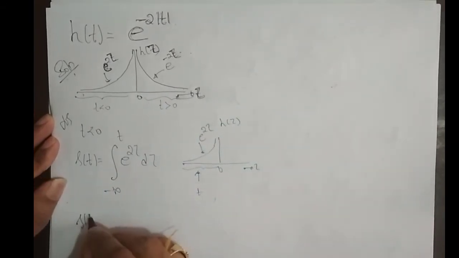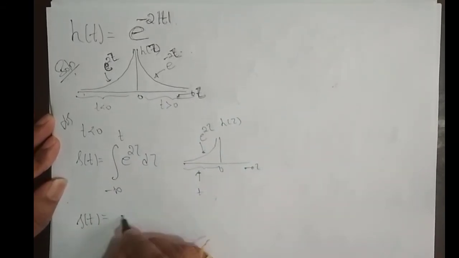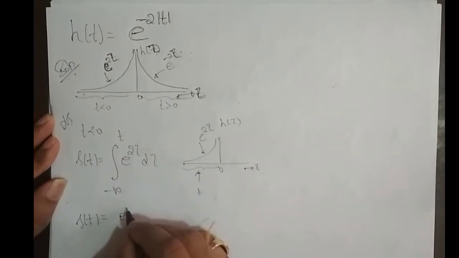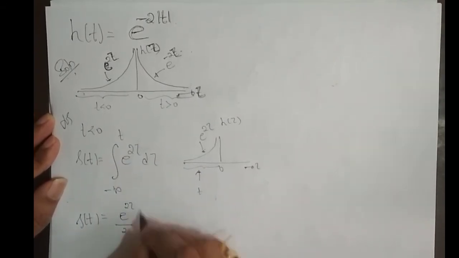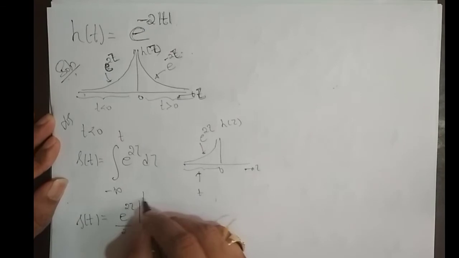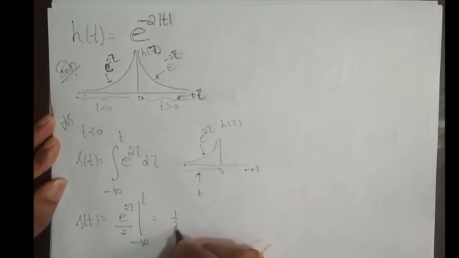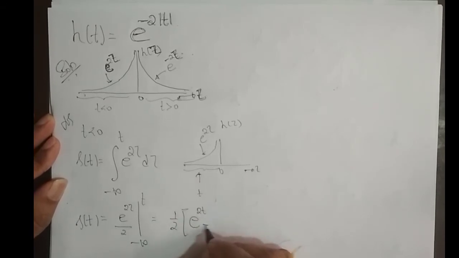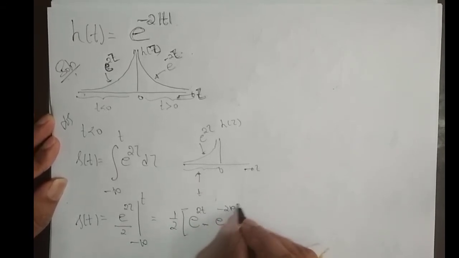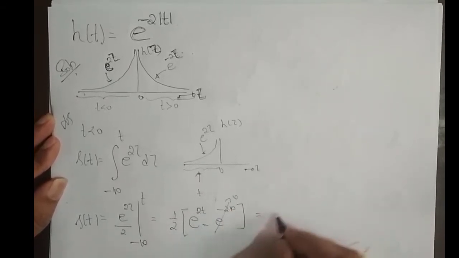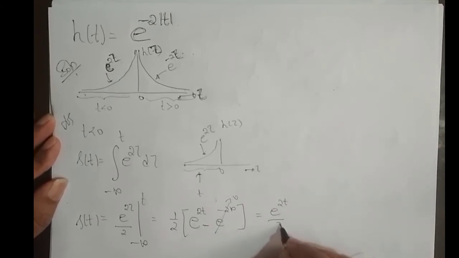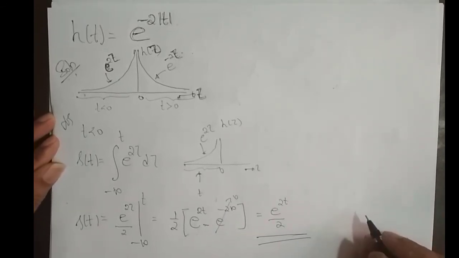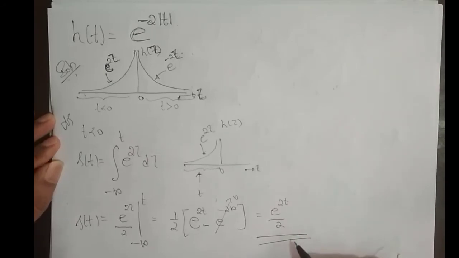So s of t is equal to, what is the integration of e power 2 tau with respect to tau? It is e power 2 tau divided by 2 with integration limit minus infinity to t. Okay, so I will take 1 by 2 out. What do I left with? E power upper limit is 2t minus e power minus 2 times infinity. This is 0, which is equal to e power 2t by 2. So this is the step response for t less than 0.